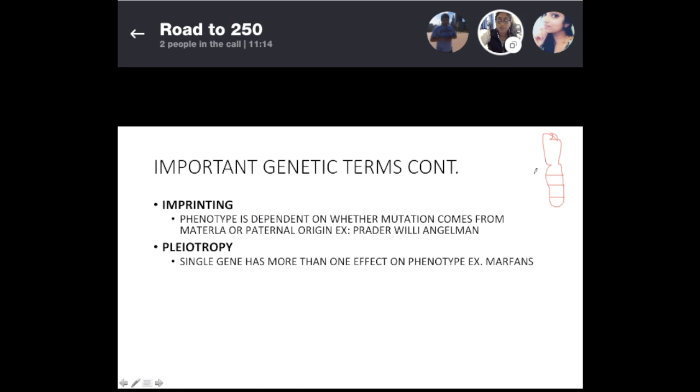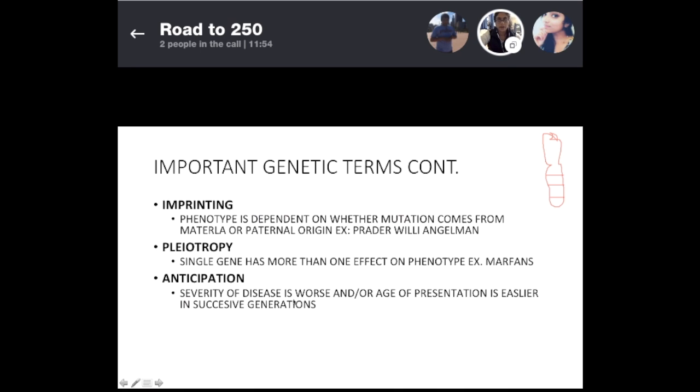So, for example, in Marfan's, you see the dislocated lens, you see arachnodactyly, you can see the pectus excavatum, and the weakness in the arteries. And so all those manifest as a result of just a single gene mutation. So I was just going to explain here that on this chromosome, there can be several different traits, and all these traits represent a different phenotype.